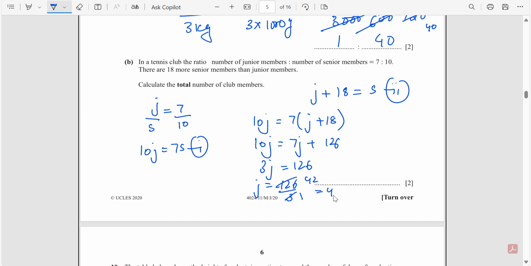So we get 42 junior members. Now the number of senior members is 42 plus 18. So we get 60. The question is the total number of club members. So we need to add 60 and 42. This will give us 102.